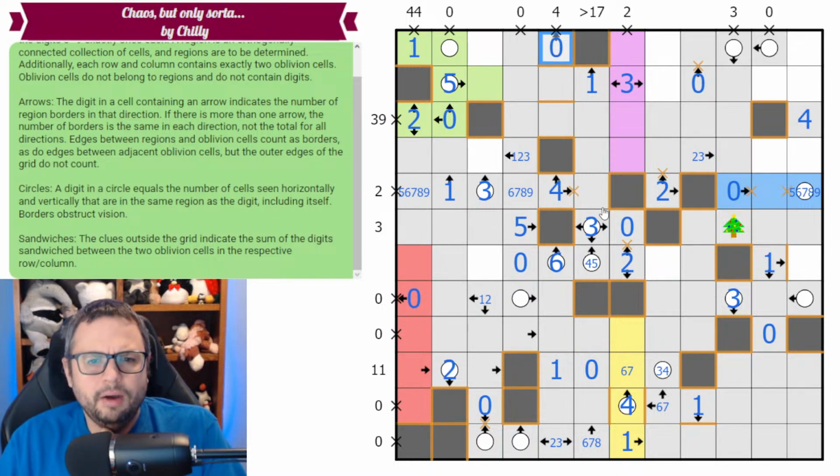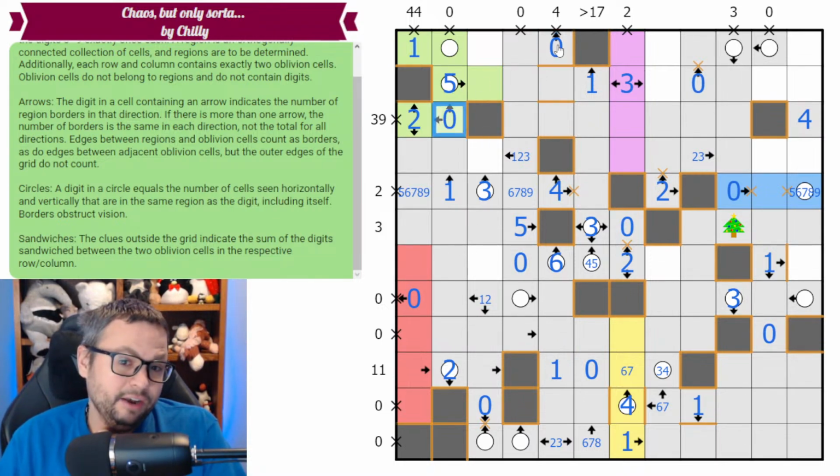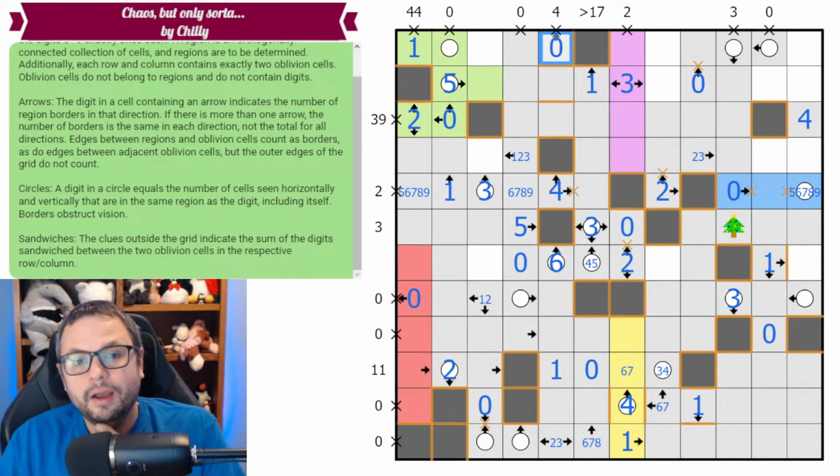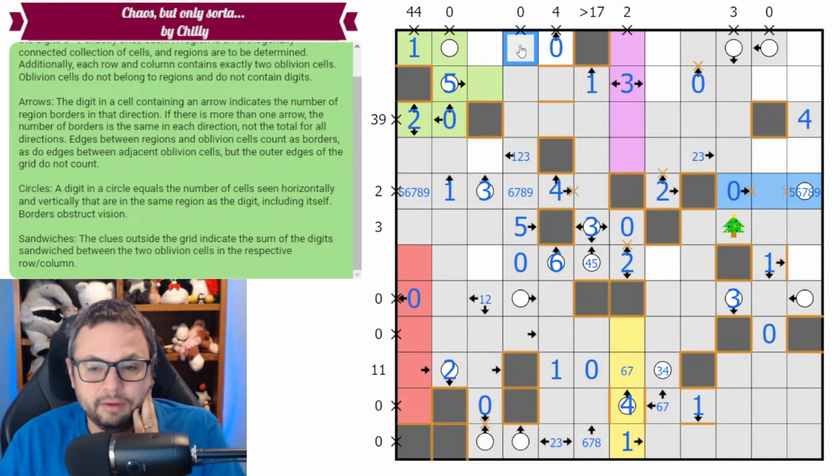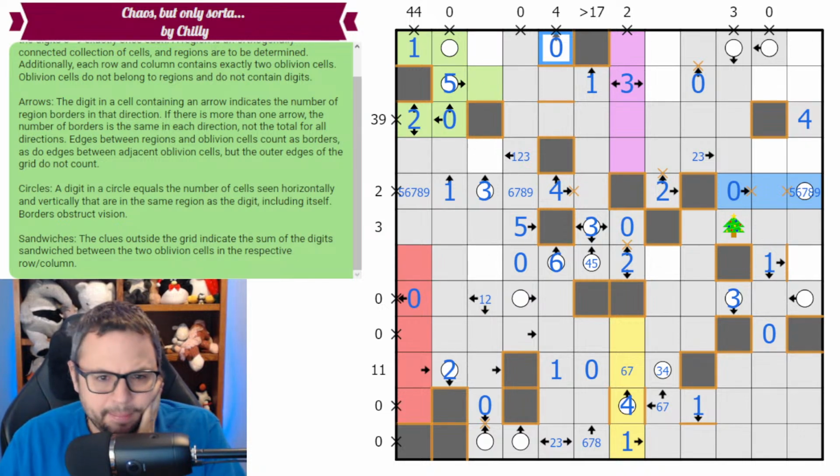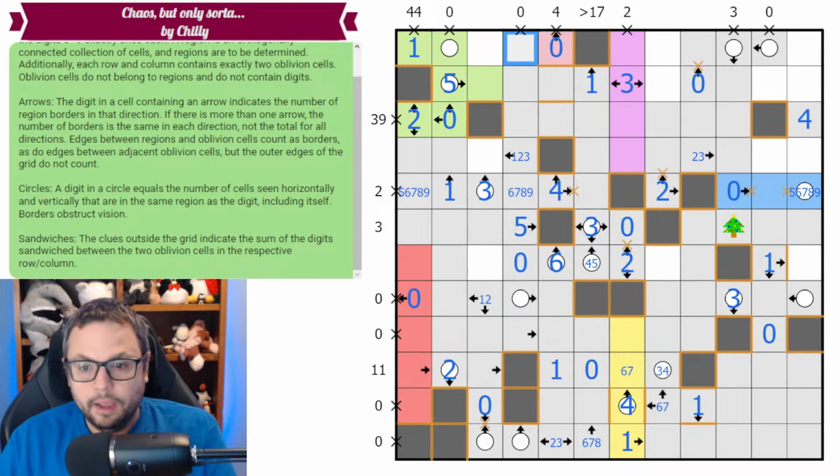Oh, how about the fact that this cell connects to that cell and therefore to that cell, and so this cell's not green, and so that cell is. Okay. This cell is in a region. It's not green because it's a 0. Okay, so this was low-hanging fruit for some amount of time. So what color shall it be? It shall be, we haven't had human flesh in a bit, so we'll do that.